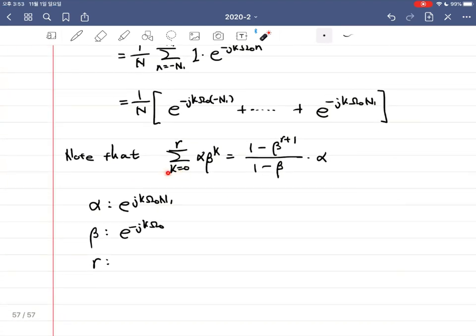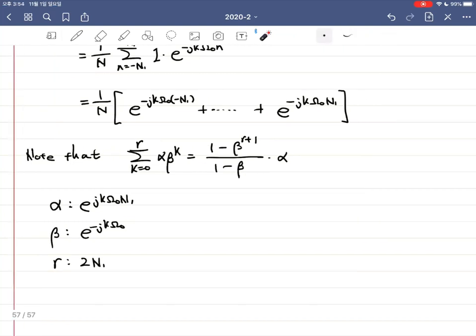However, since we're starting from 0, r should be 2 times n1 for the count to be 2 times n1 plus 1, right? So this is 2 times n1. So we have found the values for alpha, beta, and r.